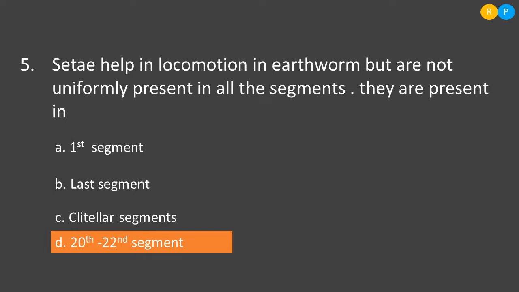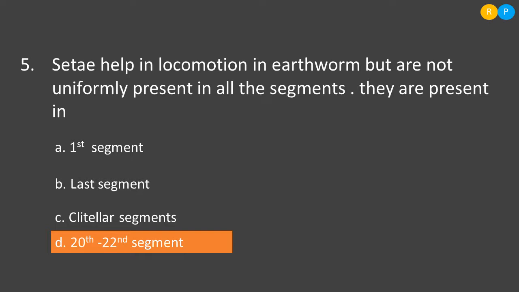Then the fifth question. Setae help in locomotion in earthworm but are not uniformly present in all the segments. They are present in. So setae is an S-shaped locomotory organ present in the ventral region of earthworm. Some of the segments in the earthworm do not consist of locomotory organ.